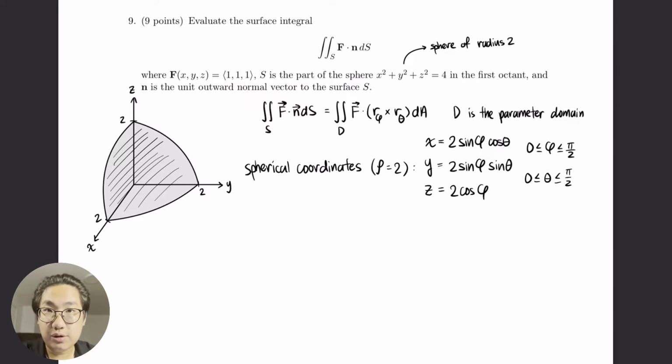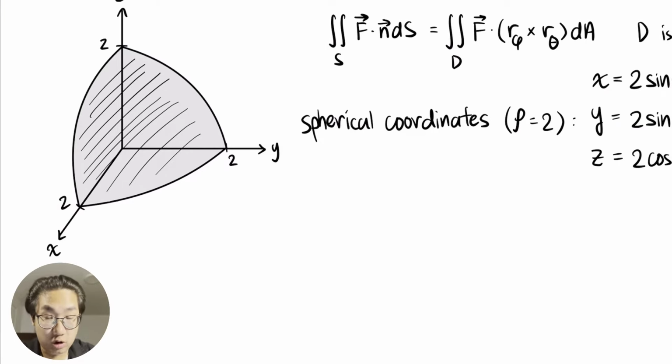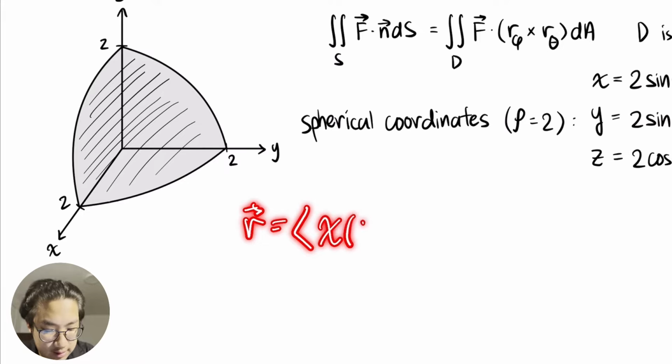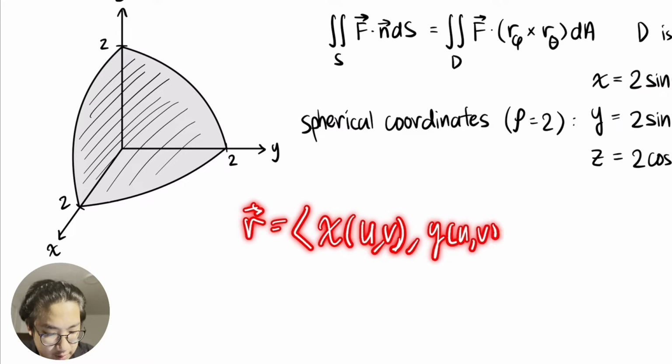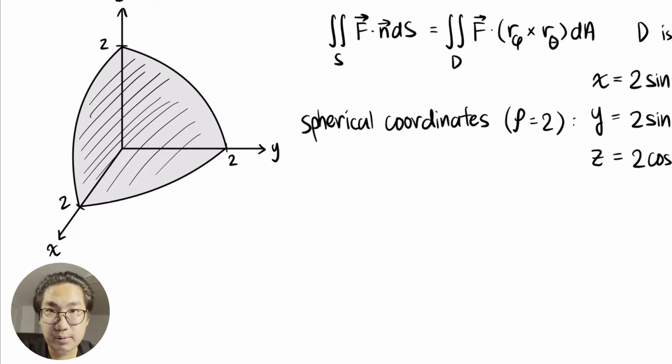And now we're ready to fully write our parameterization. So remember, the parameterization is usually something along these lines: x of u, v, y of u, v, z of u, v. In this case, u and v really don't matter what they are. I simply picked our spherical coordinate variables, phi and theta. So let's write that out over here.